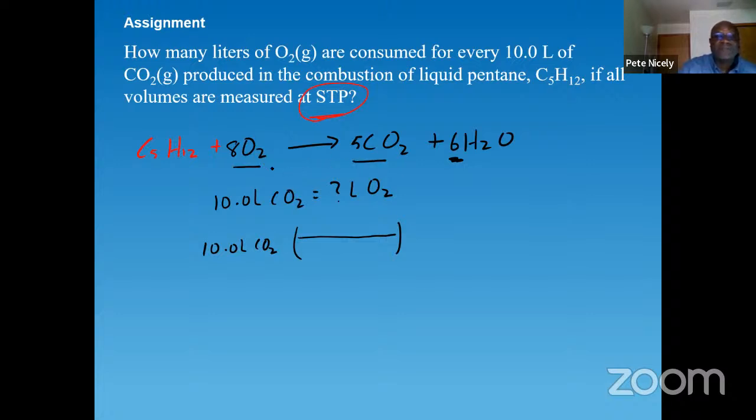And as you can see, for every 5 moles of carbon dioxide produced, 8 moles of oxygen would be consumed. We can use liters instead of moles, and therefore we can put 5 liters of CO2 down here, 8 liters of oxygen above, and then we do the number crunching, and that will give us 16.0 liters of oxygen.